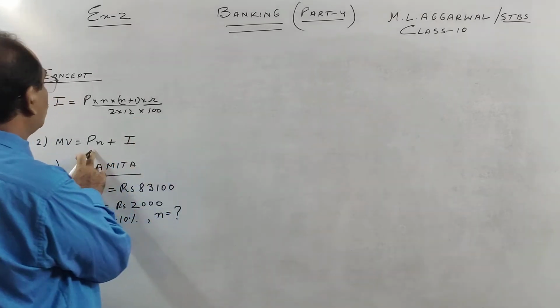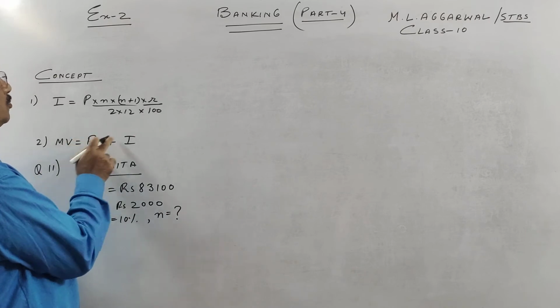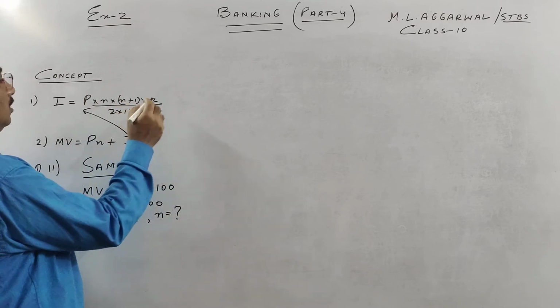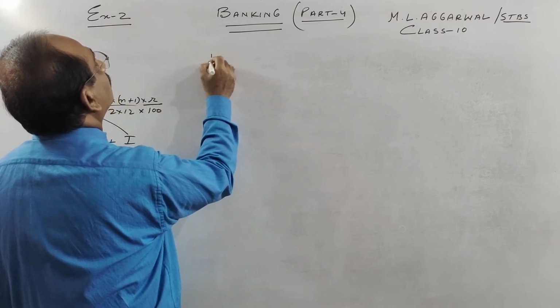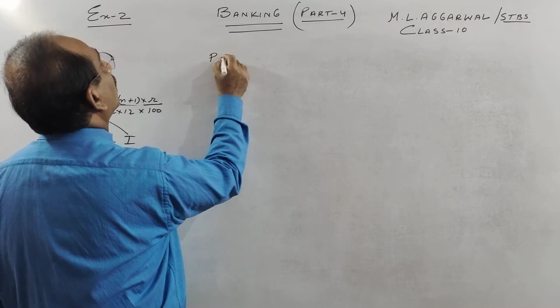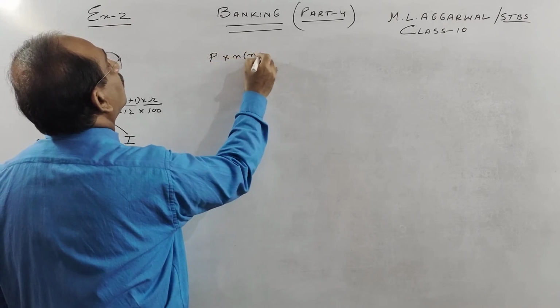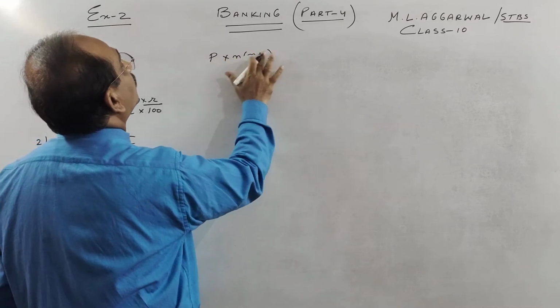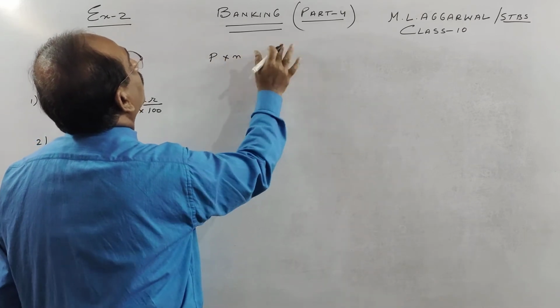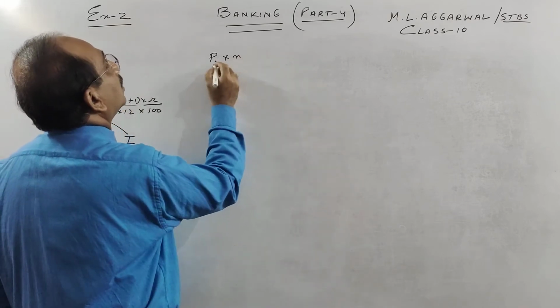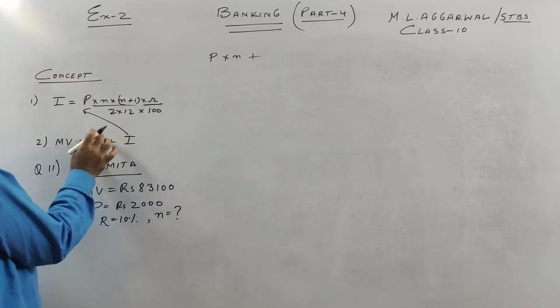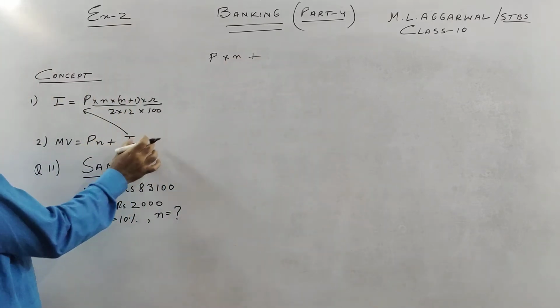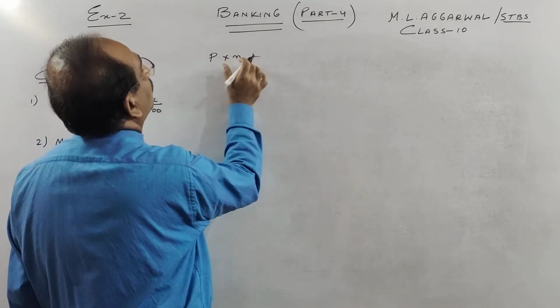So we know this formula here. So maturity value is Pn plus the interest I. Okay, so we know P, we can write the formula again, n plus 1. So remember, our money before is P into n. Our money in this situation means Samita's money, plus, so this is her money, okay, plus interest. So P rupees for n months.